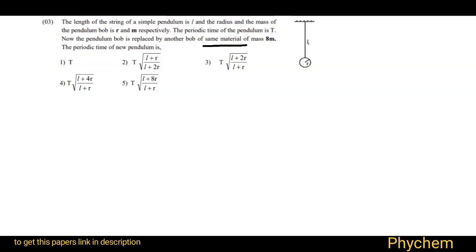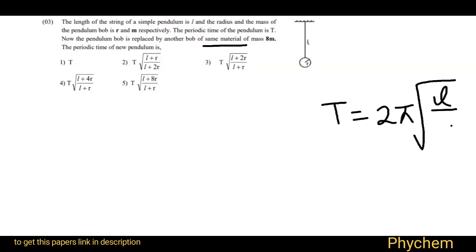You know the equation of the periodic time of a simple pendulum in simple harmonic motion: T is equal to 2 pi times the square root of L over g. Here you have to be careful that L is not the length of the rope. L is the distance between the point where it is attached and the center of mass of the bob.